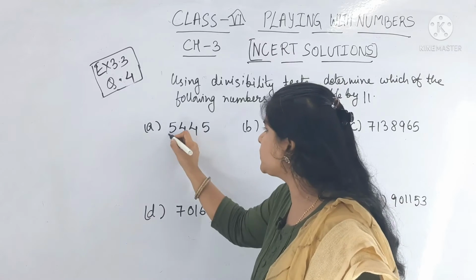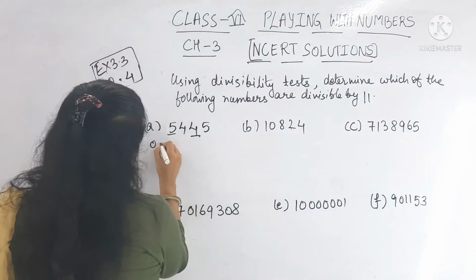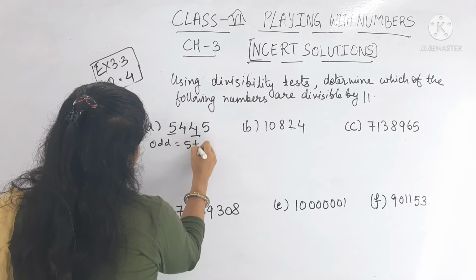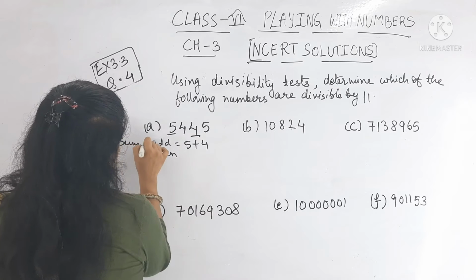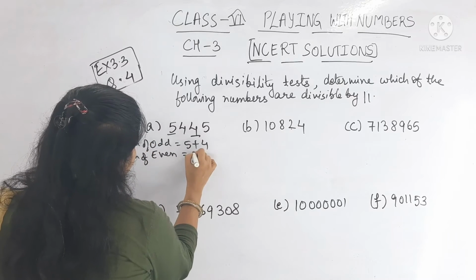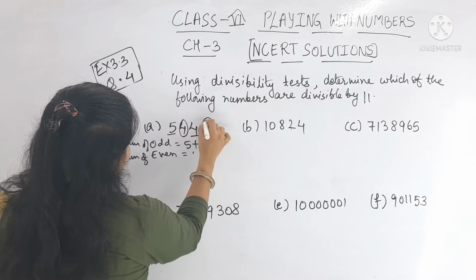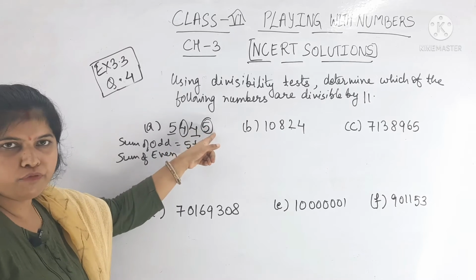Odd places are first and third, so I will sum these: 5 plus 4. The even places are second and fourth: 4 and 5.